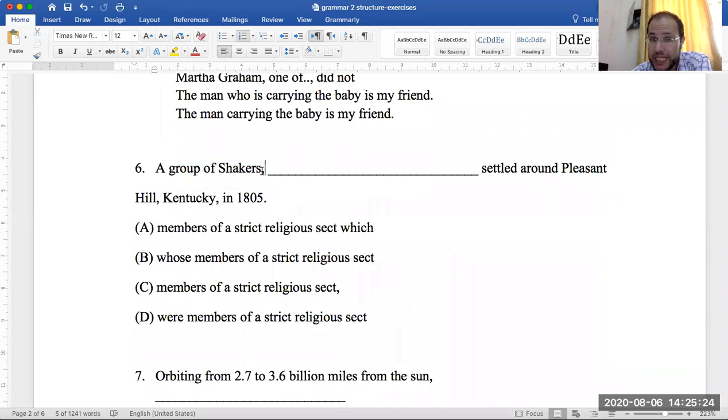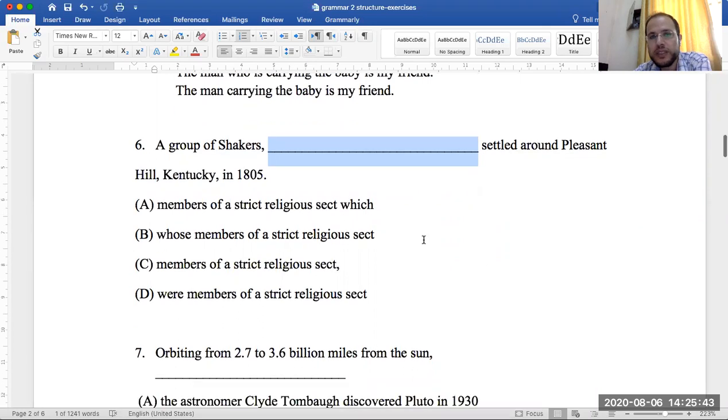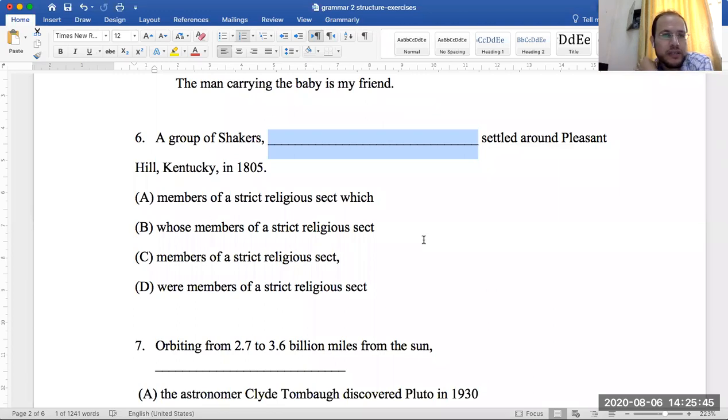Then it says settled around Pleasant Hill, Kentucky in 1805. Settle is the verb. So what are we missing here? We're missing a subject. Okay. So give me a subject here. Which one is the right answer?